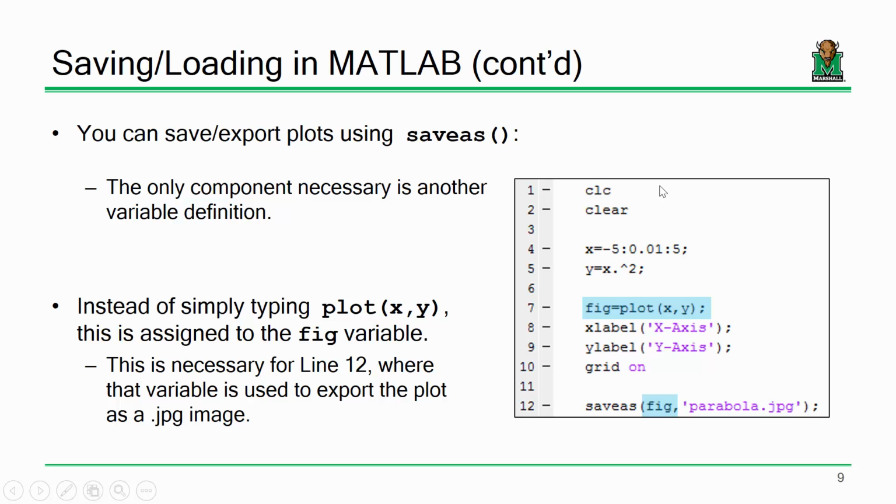And then we're going to create a plot, but rather than having it plotted on the pop-up window that Matlab will generate, we're going to assign the plot to the variable that's called FIG, which is an abbreviation for figure. It doesn't have to be that. There's nothing special here about FIG. We could have called it any variable name that we want, but the point is down here when we execute the save as command, then you're going to refer to whatever variable you named as equal to the plot that's created. So let's try that out.